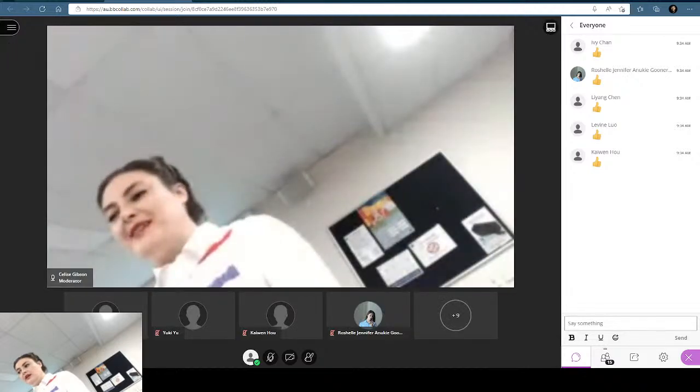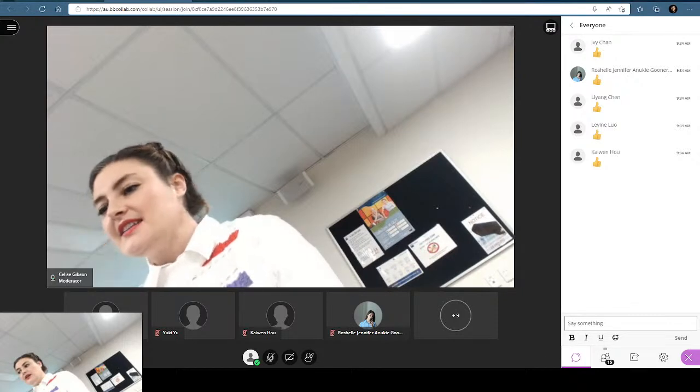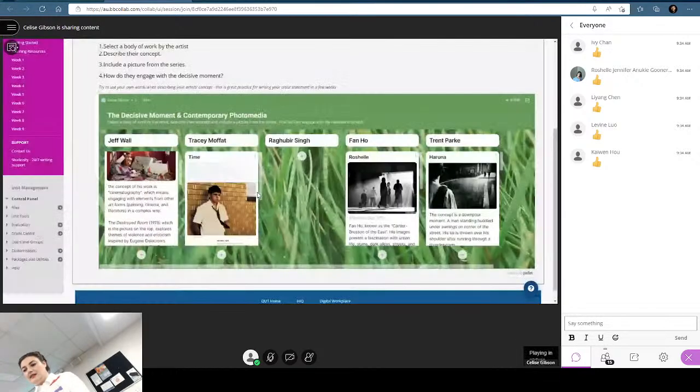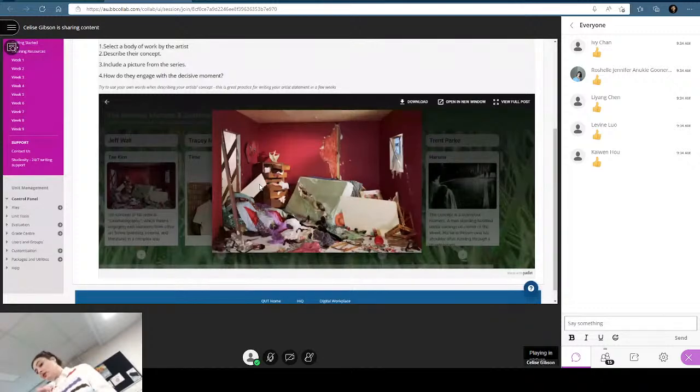If you can get your head around the complexity of that. So this work here of his, which is The Destroyed Room, picks up on those color tones and the shape of the cloth in the original painting.